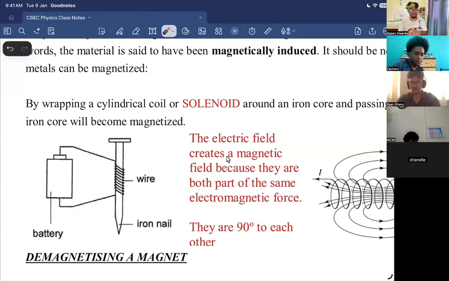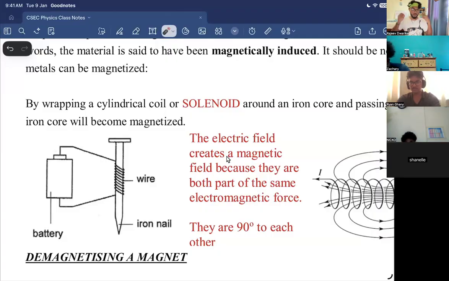Iron. Ryan, what would channel the magnetic field more, iron or just air? The iron. Exactly, and the reason is that iron has a very high magnetic permeability. Ryan, if I say it has a high magnetic permeability, what do I mean? It allows magnetic fields to pass through it. Yes.